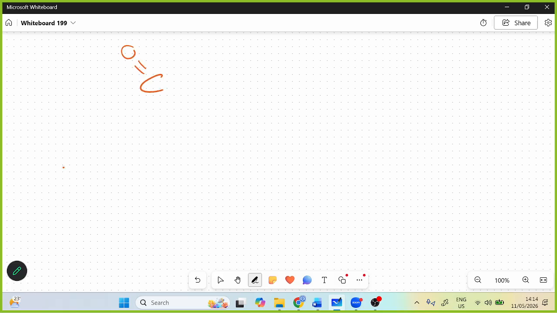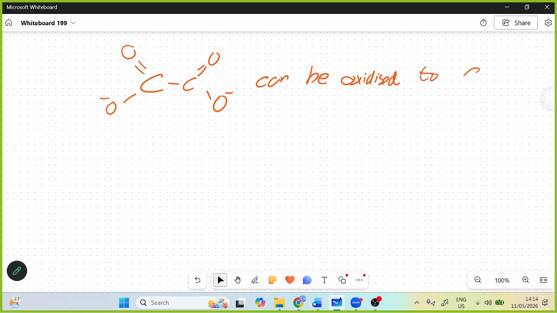So it can be oxidized to CO2. I'm going to skip the second one.